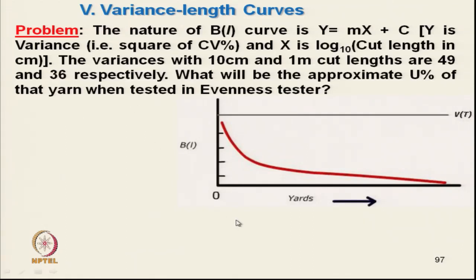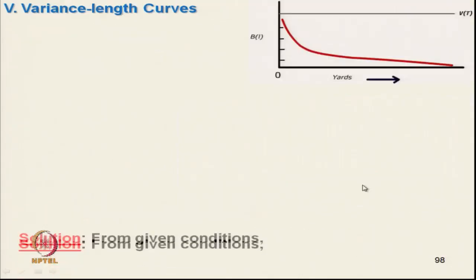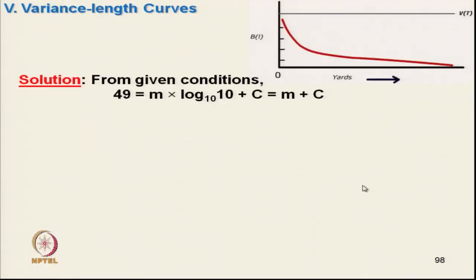Now, this is the BL curve, and from the BL curve the variance equals m log of cut length plus C, that is the equation given, and V is nothing but CV percent squared. From the given conditions, 49 equals m log 10 plus C. Log 10 is 1, so m plus C equals 49.